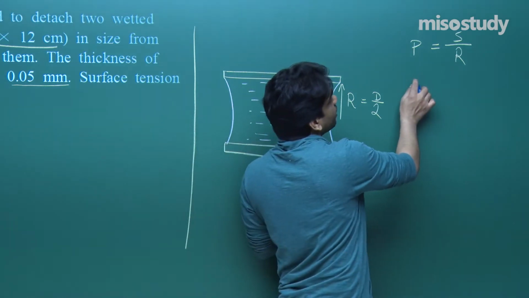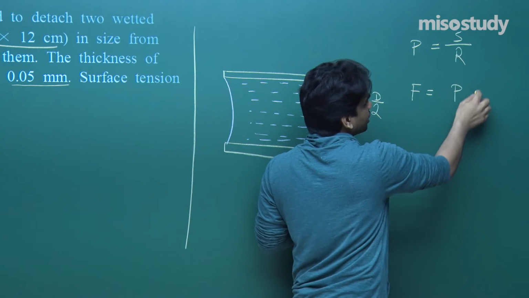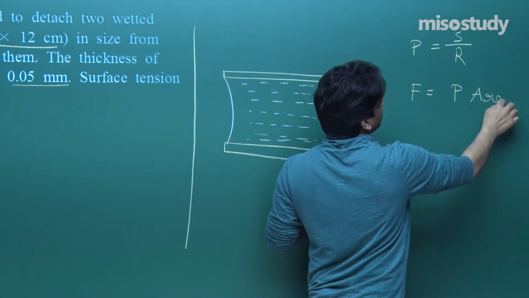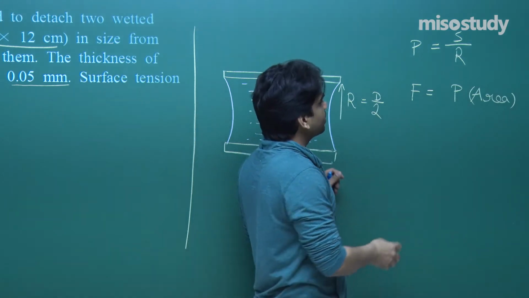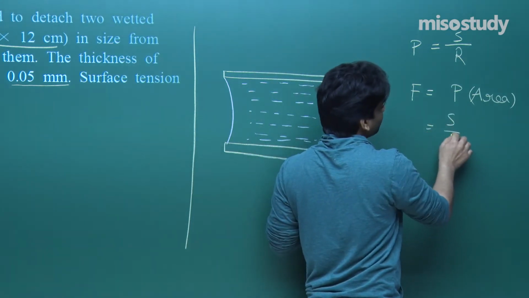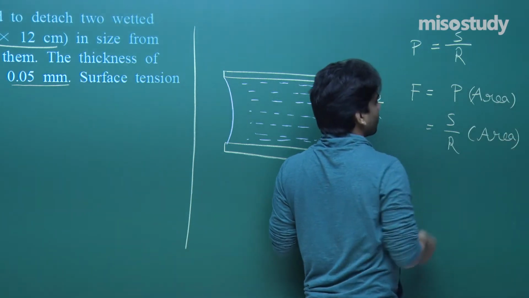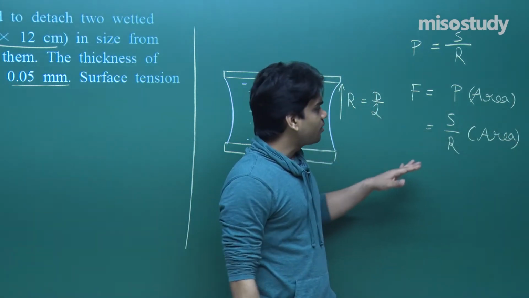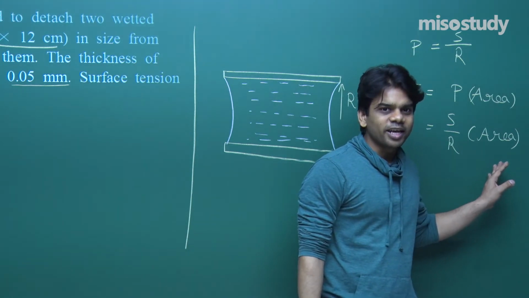From here, if I write force, force will be equal to pressure into area. This is what we know. Now, instead of pressure, we can write this as S by R into area. This is what we have reached to this equation. So what do you do? Take note till here. I'll start from the other end, take note till here.